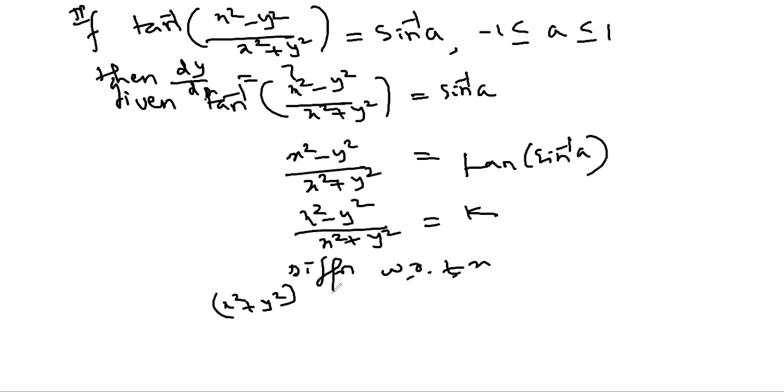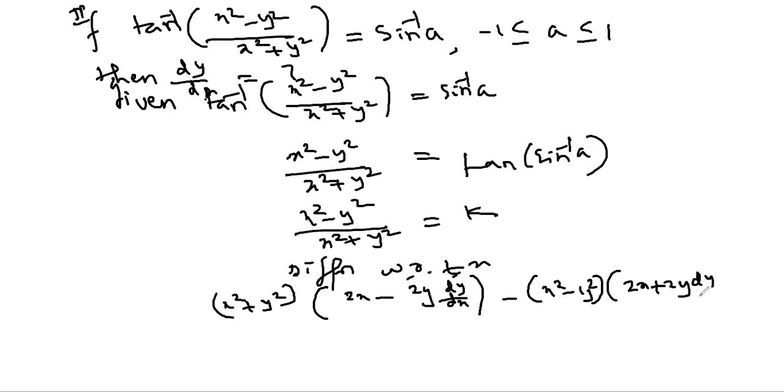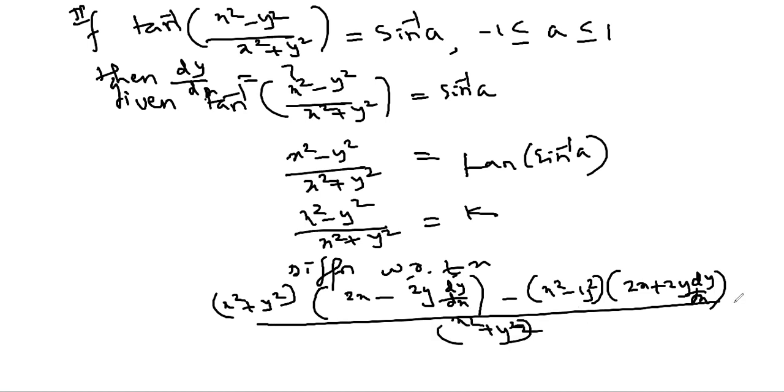What is the quotient rule? Denominator, x square plus y square, into derivative of numerator. What is the derivative of x square? 2x minus derivative of y square, 2y into dy by dx, minus numerator, that is x square minus y square, into derivative of denominator, 2x plus 2y into dy by dx, and whole divided by denominator square, x square plus y square whole square, is equal to the derivative of a constant, which is 0.